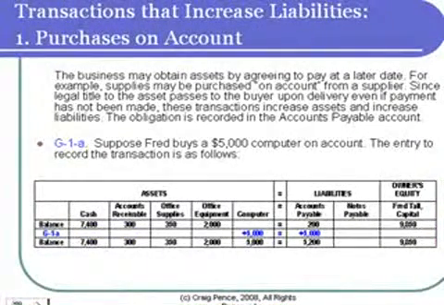Now we have a transaction in which an office computer is purchased, but it's purchased on account. Legal title passes to the buyer at the point of sale. So when Fred took delivery of the computer and brought it back to the business, then legal title had passed to Fred. An asset is a thing that we own that is going to provide benefits through future periods.